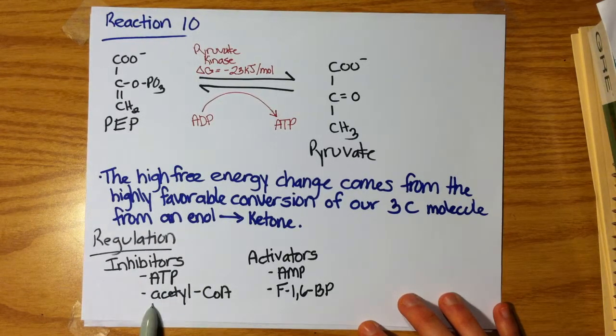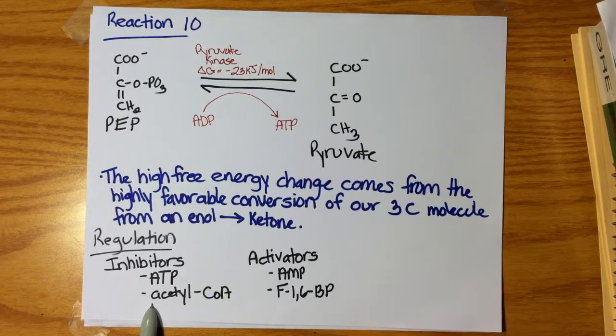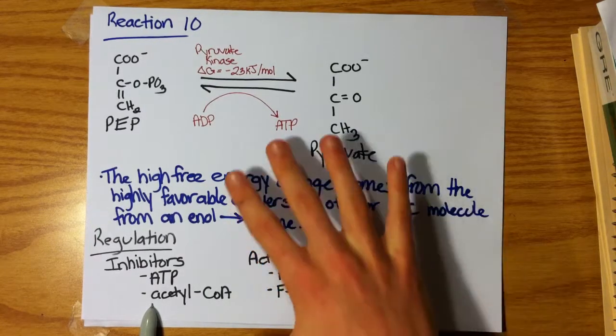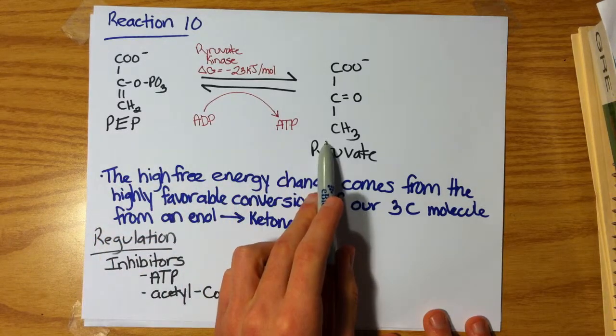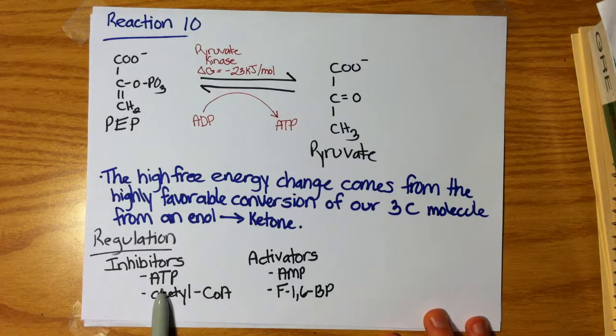So if you have accumulation of acetyl-CoA, your citric acid cycle is backed up. Let's hold off on this energy releasing reaction until it's needed. ATP is an obvious one. High ATP will inhibit the enzyme because we don't need the ATP. Let's not waste this energy if we don't need it at this time.